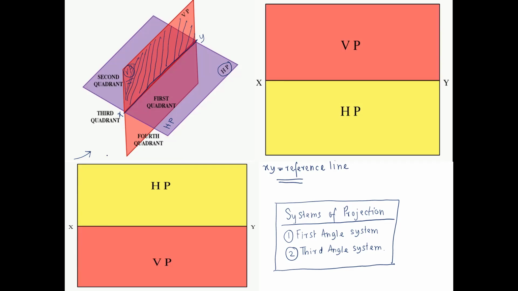Now, till now, we have dealt with only this shaded part of the vertical plane and only this part of the horizontal plane. That is, we have dealt with a situation like this, where the vertical plane was restricted to only this much and the horizontal plane was restricted to only this much.